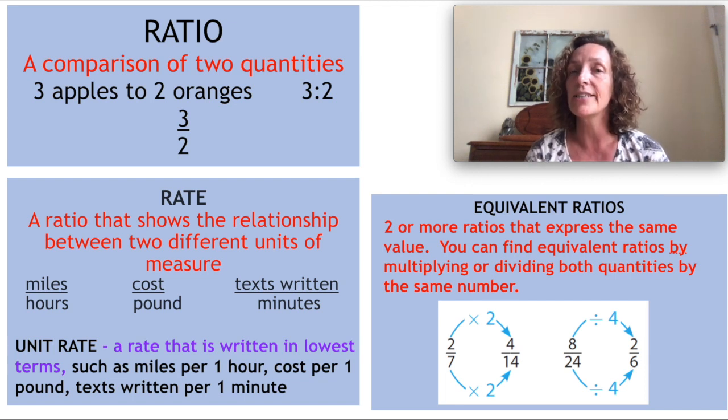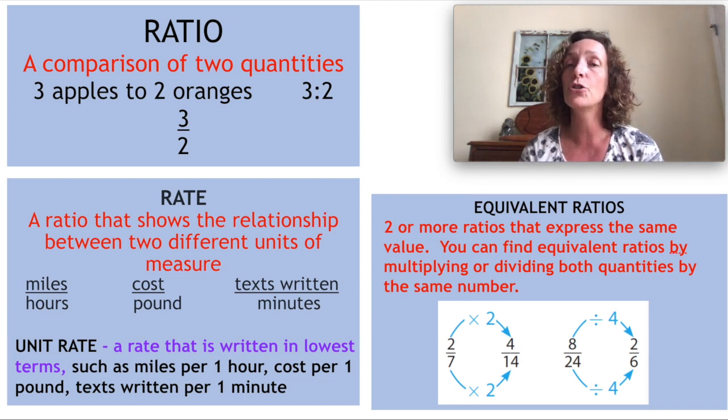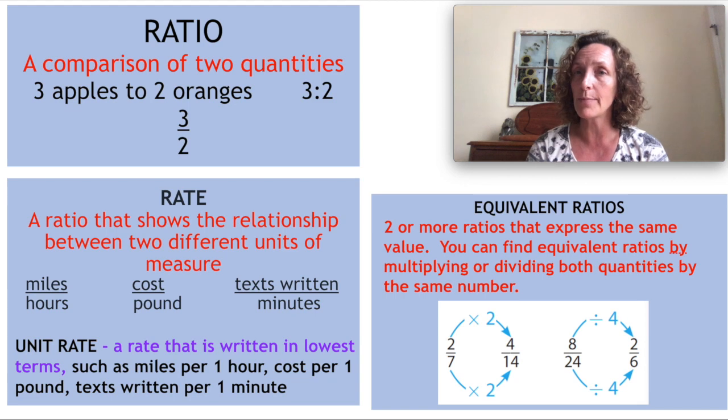They took the ratio 2/7, 2-to-7, and if you multiply both the numerator and the denominator by 2, you come up with an equivalent ratio. 2-to-7 is the same thing as 4-to-14. And then, right beside that, we have another ratio, 8-to-24. We were able to divide both of those numbers by 4, and we came up with an equivalent ratio of 2-to-6. So those are the vocabulary terms that we're going to see and use a lot as we continue to work today.